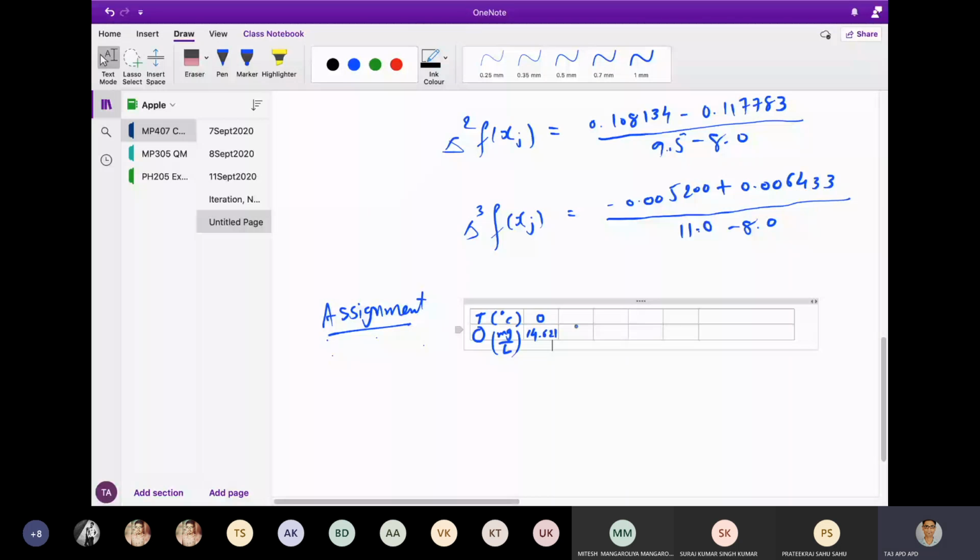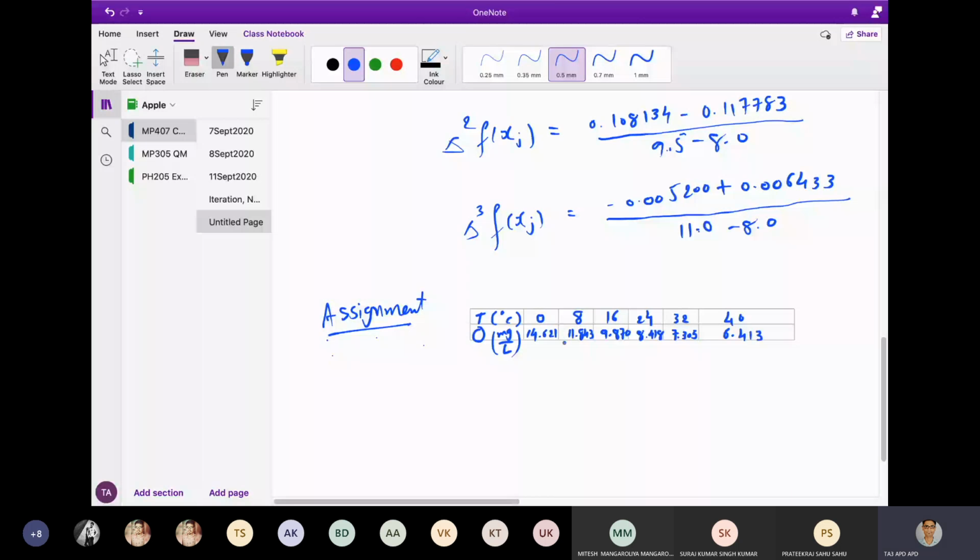At 8 degrees Celsius, 11.843. At 16 degrees Celsius, 9.870. At 24 degrees Celsius, 8.418. At 32, 7.305, and at 40, 6.413.